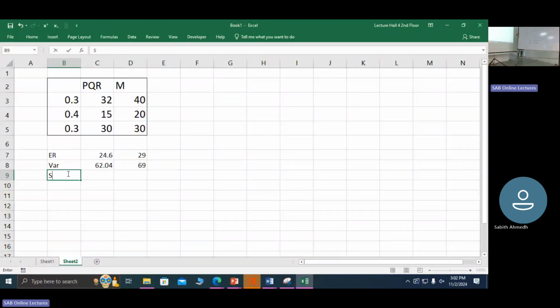Then the standard deviation for the market as well as the PQR stock.